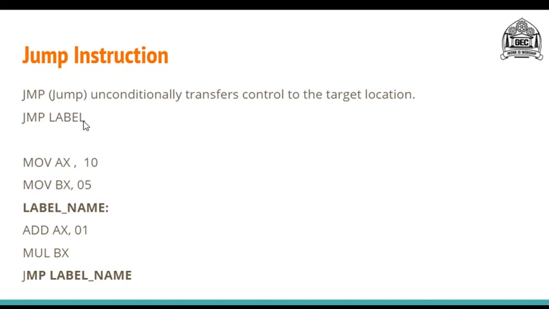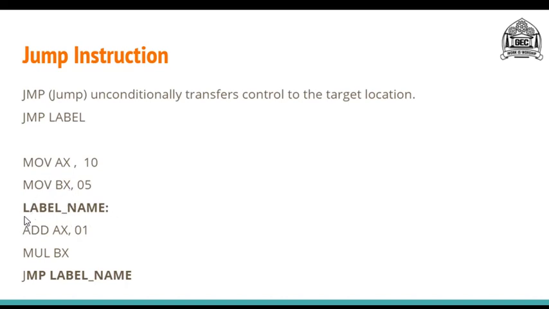Let's understand this better using an example. So this is your example as you can see. In the first instruction we are just initializing our registers AX and BX. I am transferring value 10 to my AX register and I am transferring value Y to the BX register. After that comes the label.